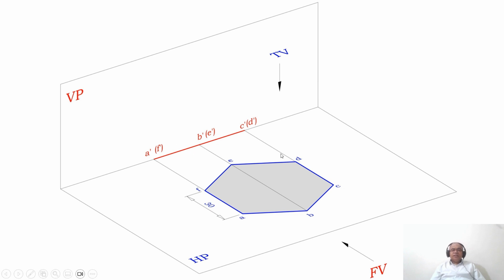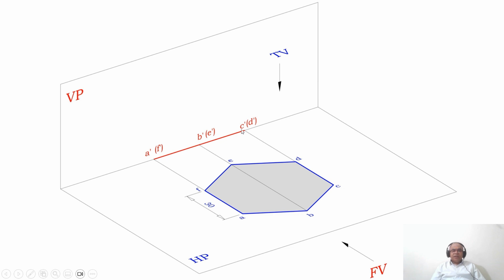So here, in the initial position, if the side has to be perpendicular to VP, that means the entire surface is going to be perpendicular to VP and parallel to HP. How do I know that it is parallel to HP? When you look from the front view, you can see that all the sides are resting on the XY line. So obviously, those sides are parallel to HP.